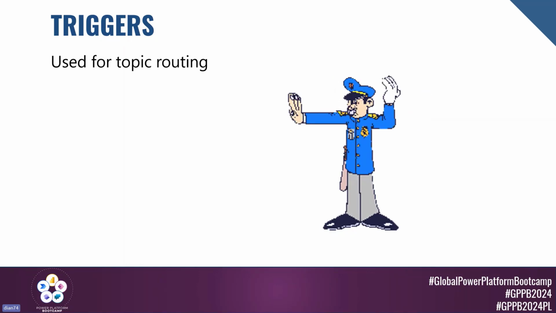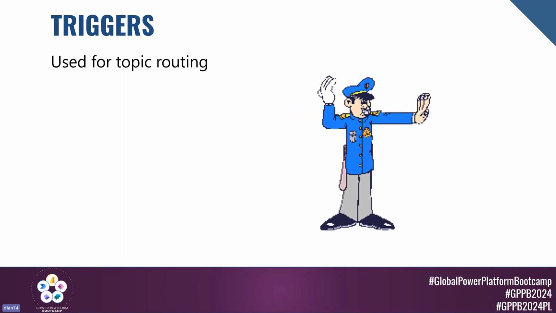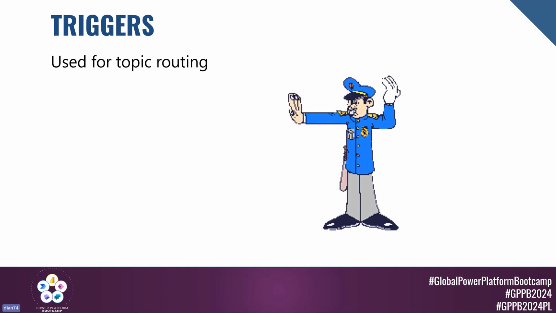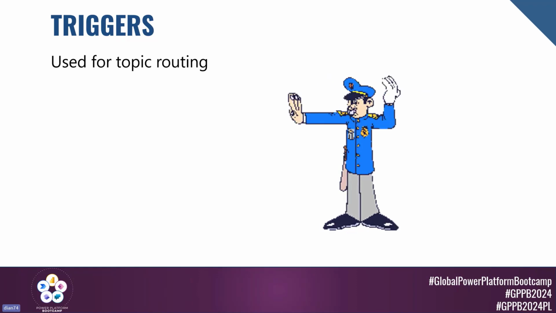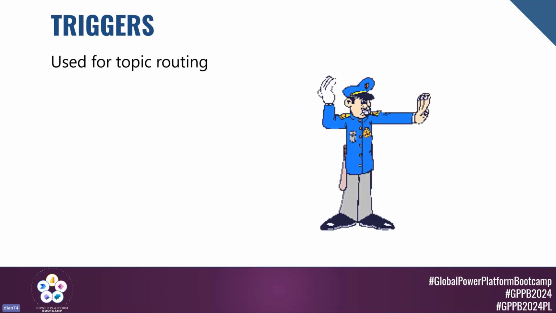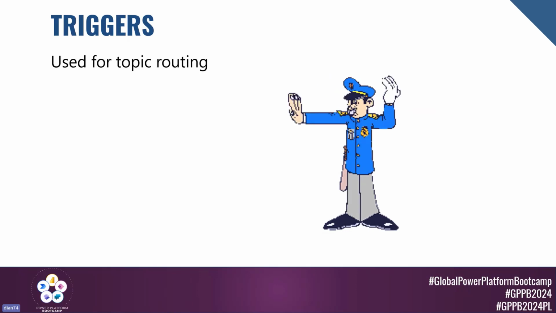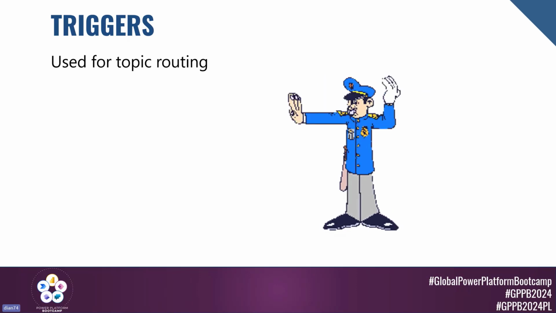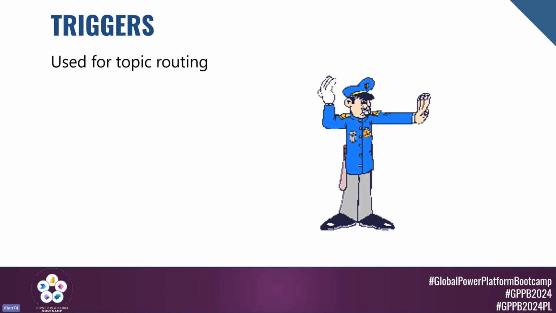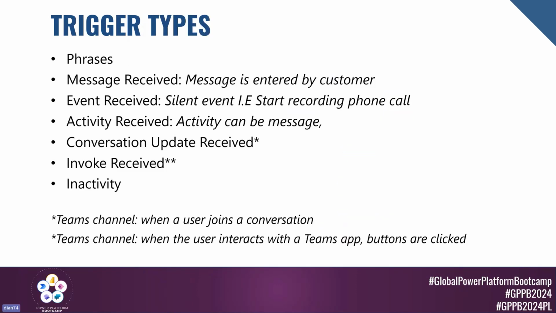You can then set those triggers so that if any of those words or phrases are used, and by the way, it doesn't have to be exactly the same trigger that you have configured in that topic, because the system will learn as it's being used, it's used to route people to the correct topics. Now, there are obviously different types of triggers, right?